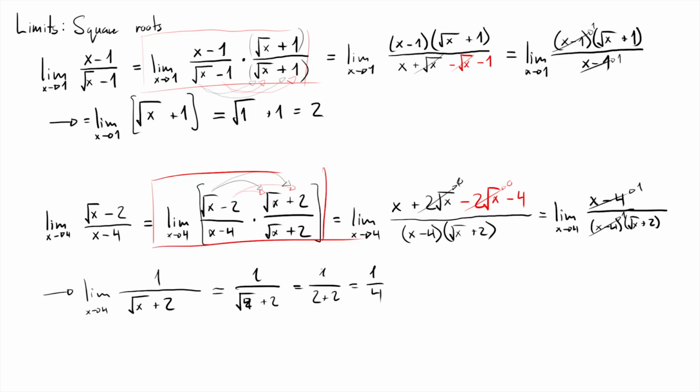Wherever your square root is, you're going to multiply by the reciprocal of that. And then that's going to help you simplify down your limit and hopefully find terms that will cancel each other out, and then you'll be able to solve. So that's everything there is for dealing with limits with roots.